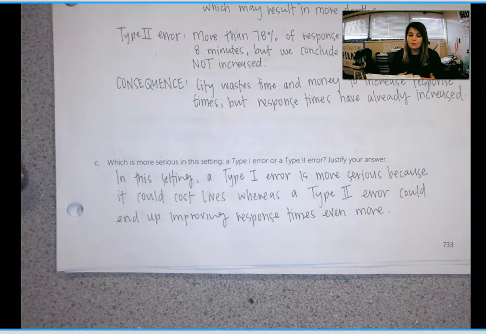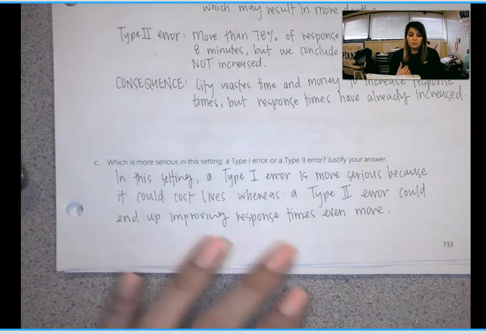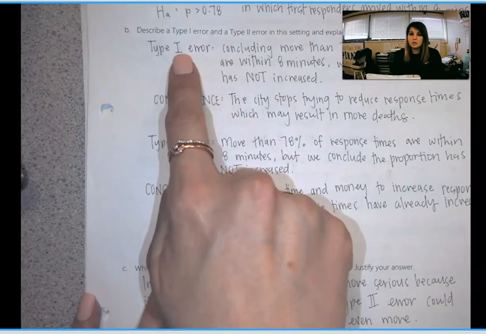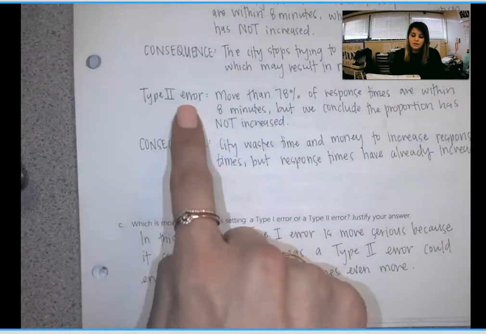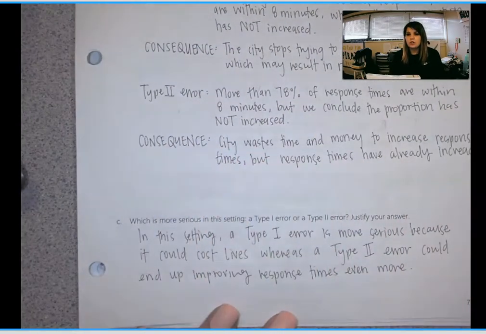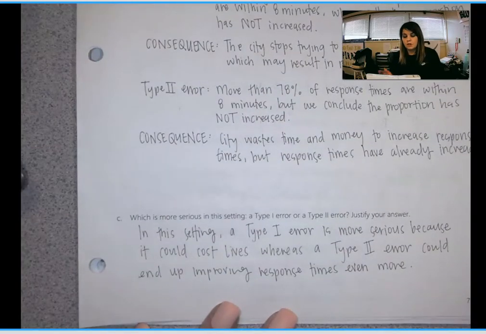Whereas for a type 1 error, there really are only negative impacts. So for me, I chose type 1 is worse because the consequences are negative. Type 2 could potentially have positive consequences.